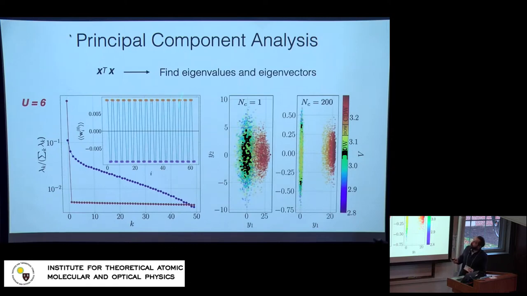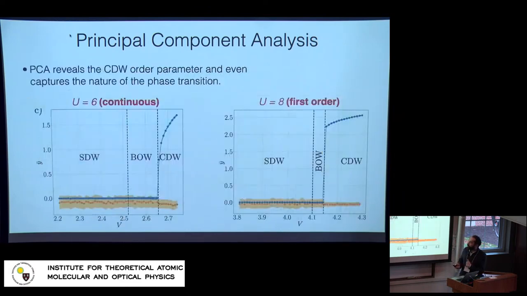If you look at the eigenvector corresponding to the largest eigenvalue itself, you realize that this is the pi component of the Fourier transform of density. So it perfectly captures the order parameter for CDW. It can really tell where the CDW phase transition is happening, but not much about the BOW to SDW to BOW phase.